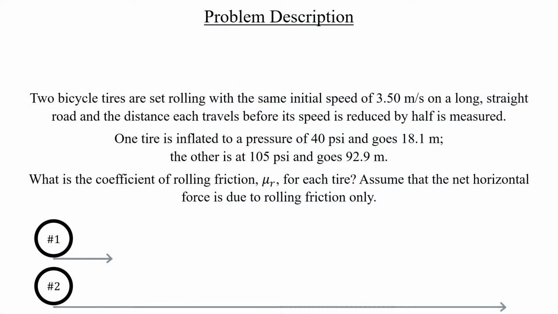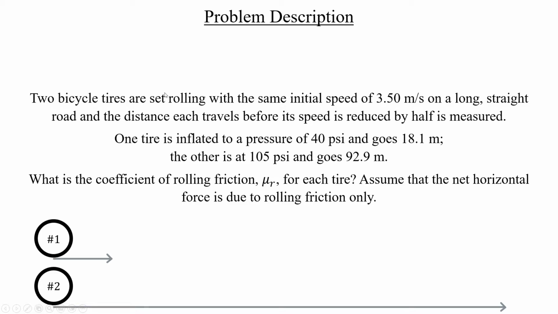I'd like to introduce you to the concept of rolling friction, specifically the rolling friction of a bicycle tire in this problem. So we have two bicycle tires that are set rolling with the same initial speed on a long straight road. And we are measuring the distance that each tire is traveling before its speed is reduced by half. Okay, so here's our initial speed, and then the final speed will be this value cut in half.